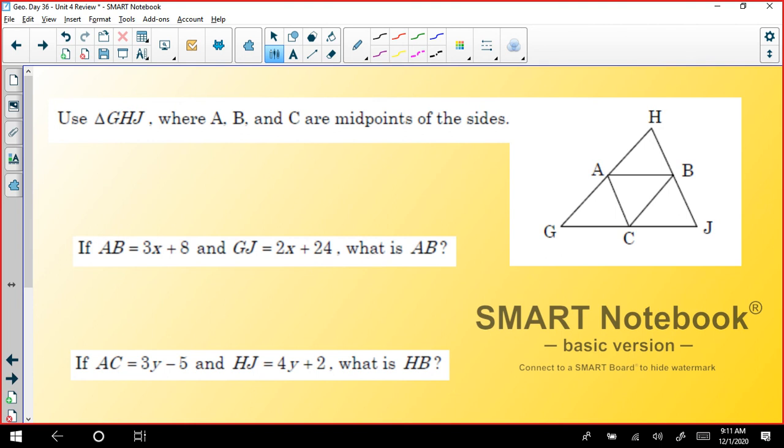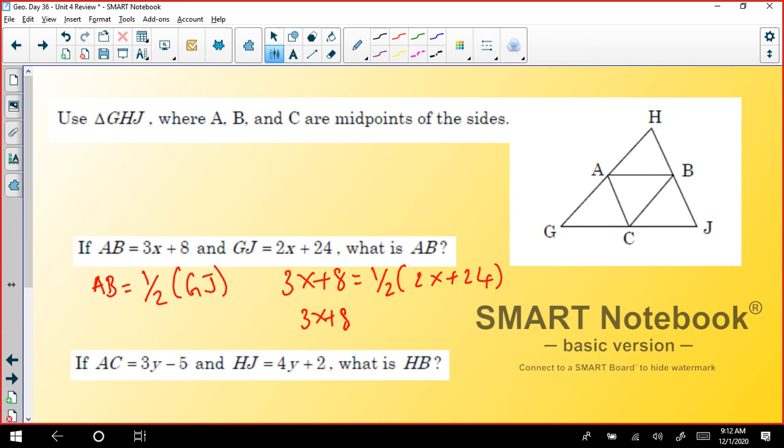If A, B, C are midpoints, then AB is a mid segment such that AB equals half of GJ, from the mid segment theorem. So I can write 3x plus 8 equals half of 2x plus 24. So you'll have 3x plus 8 equals x plus 12, since 2x divided by 2 is x and 24 divided by 2 is 12.